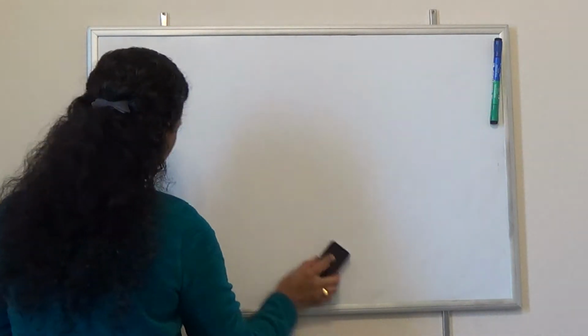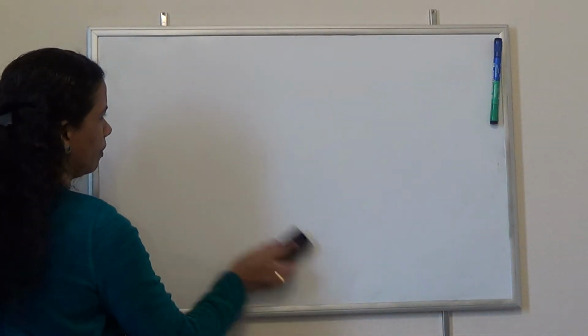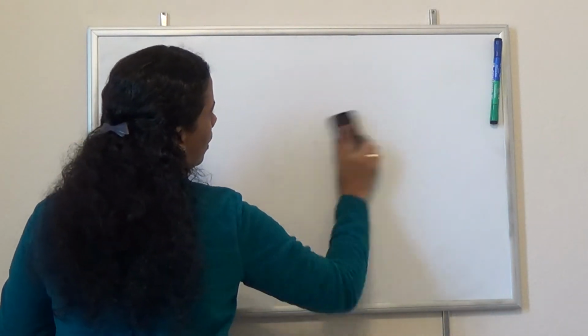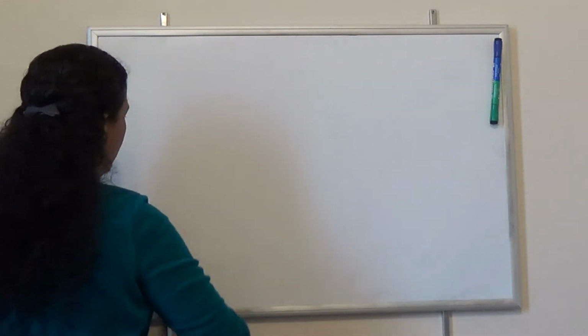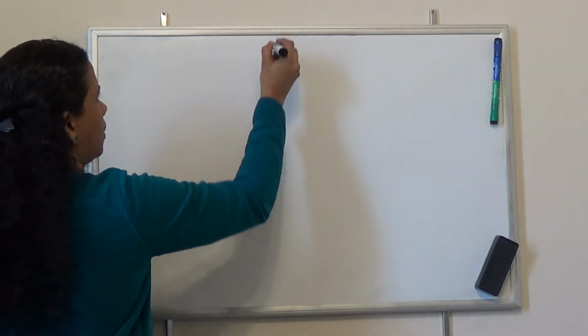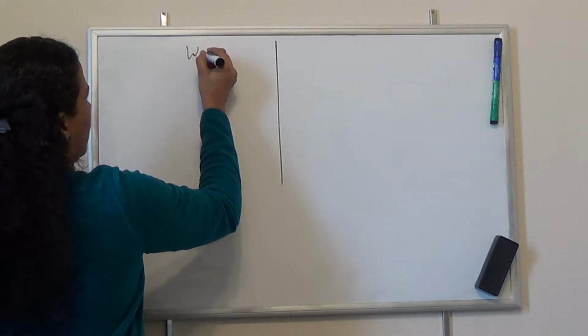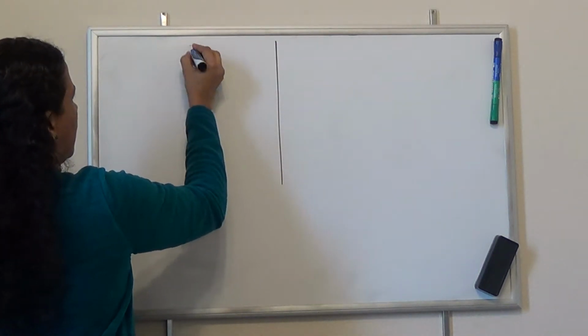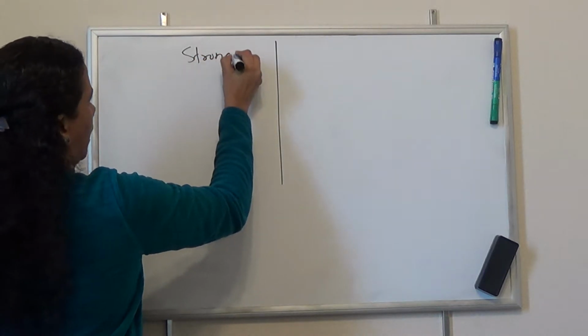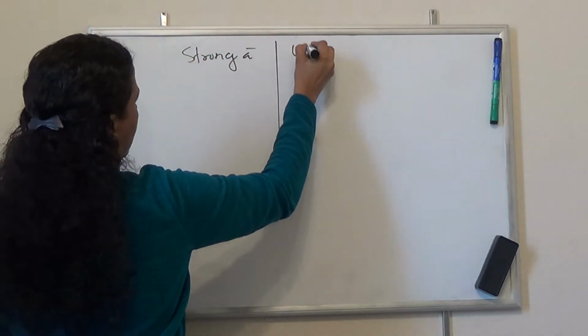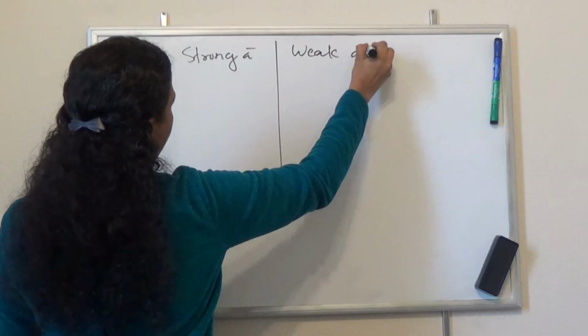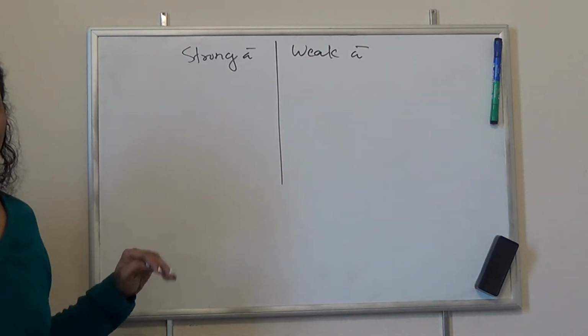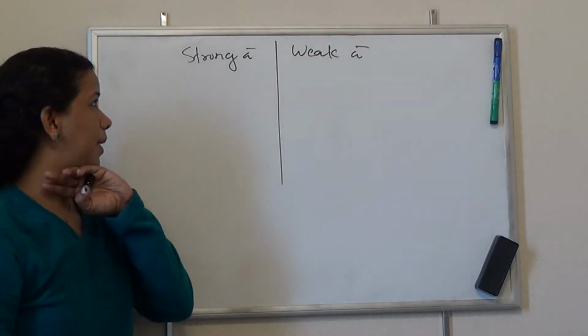So next, based on the dissociation, there are two types of acids, that is strong acids and weak acids. I will give you some examples for strong acids so that it will be easy for you.